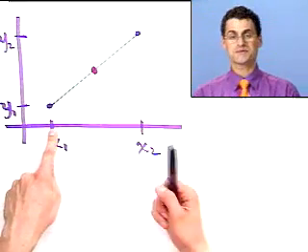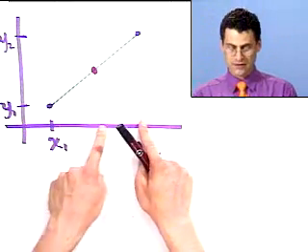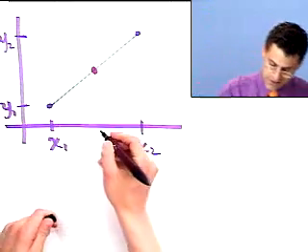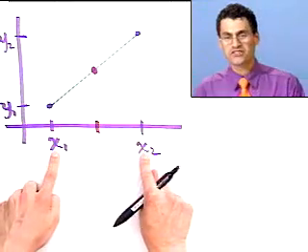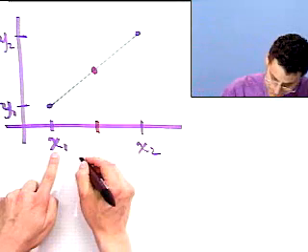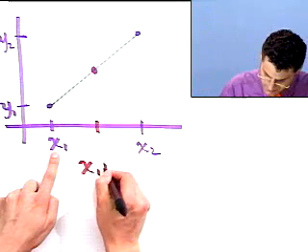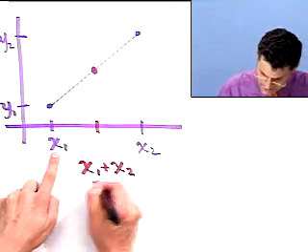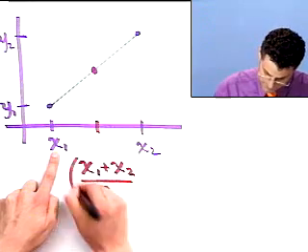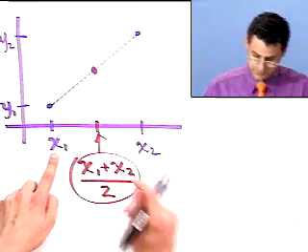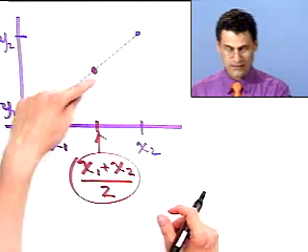Well, the middle of this, in some sense, is like the average of these two numbers. It's the thing right in the middle. So how do you find the average? What I would do is I would just add these two numbers up and divide by 2. So x1 plus x2, and I divide the whole thing by 2. That's the middle, the thing that's right in the middle here. And where would this point be?